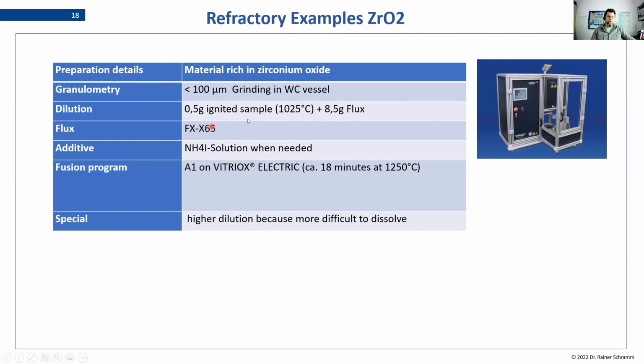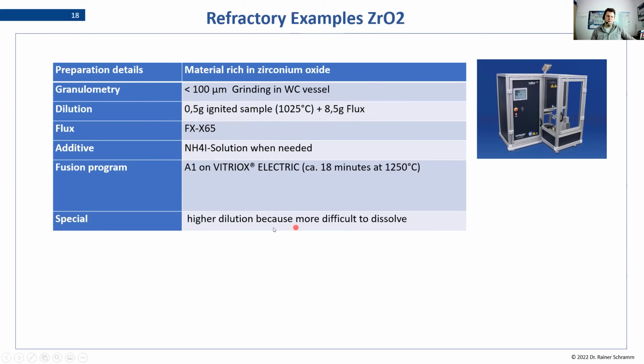Now, why do we only use half the sample amount here? You remember earlier I mentioned that we have an accuracy target, and the more sample we use, the easier it is to meet that accuracy target. The reason is the zirconia here.